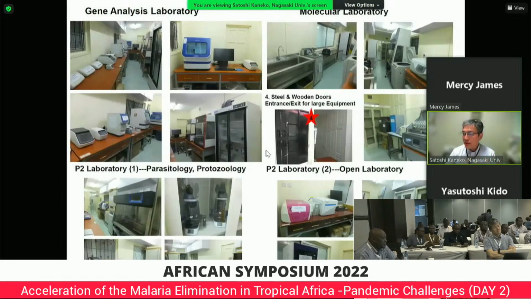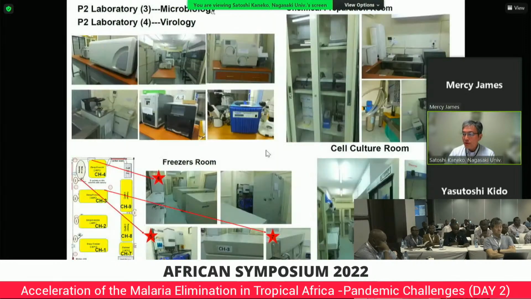Currently, by the funding of the Japanese government, we have a gene analysis laboratory like this, and also a molecular laboratory we set up like this, and also a P2 laboratory for parasitology and protozoology like this, and also we have an open laboratory because sometimes we have researchers from outside of Nagasaki and the Kenya Research Station and our Cambridge project.